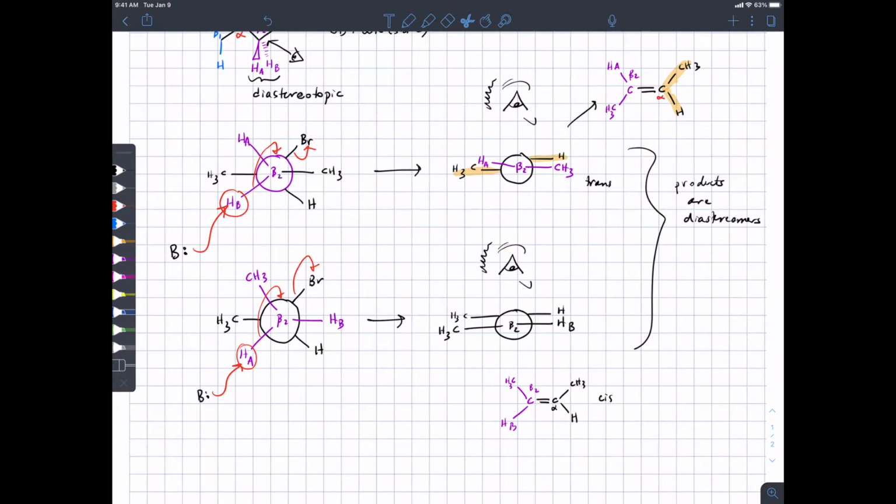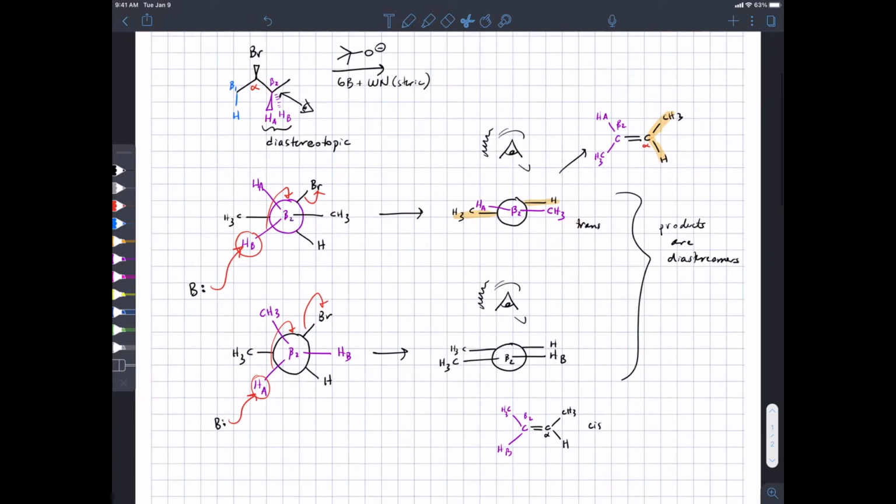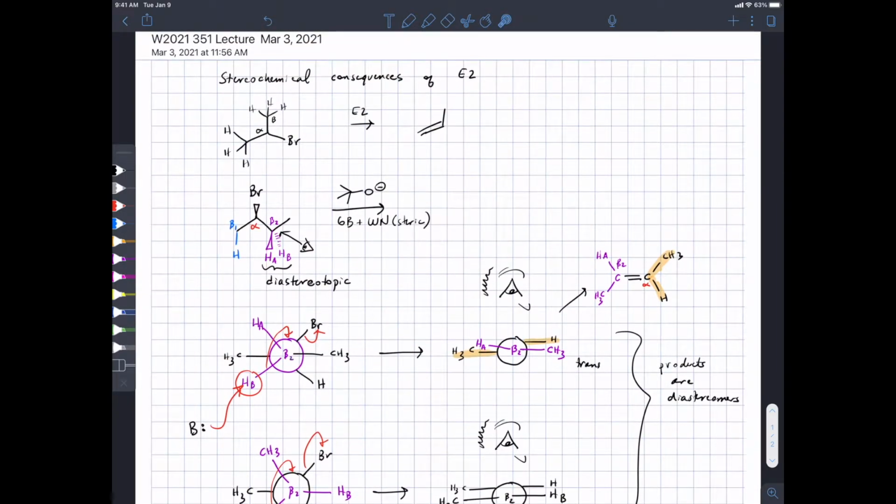Now, if you were to ask which one of these would form in greater amounts, you would need to consider a few things, but I'm going to hold off on the answer to that question because we still haven't dealt with the fact that there was another kind of beta proton there.